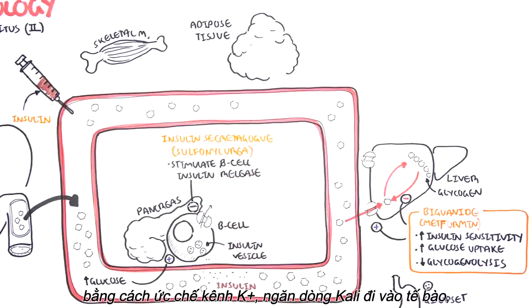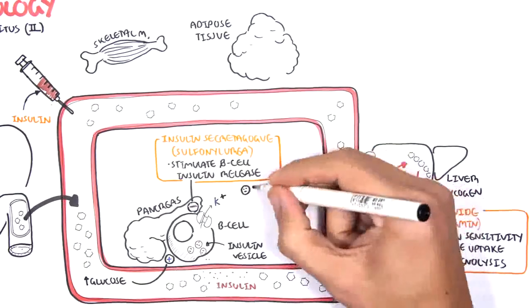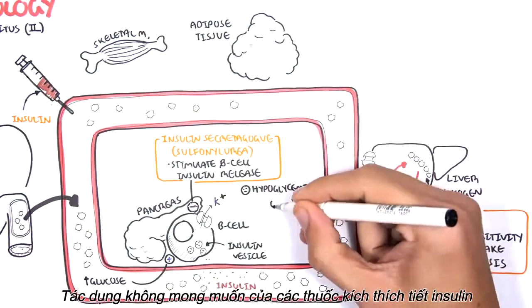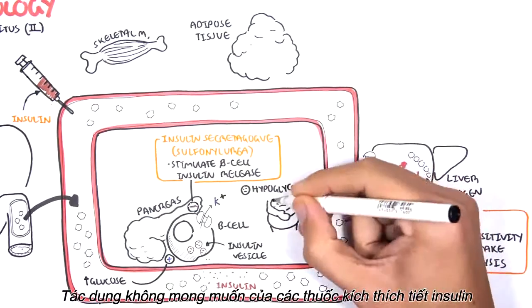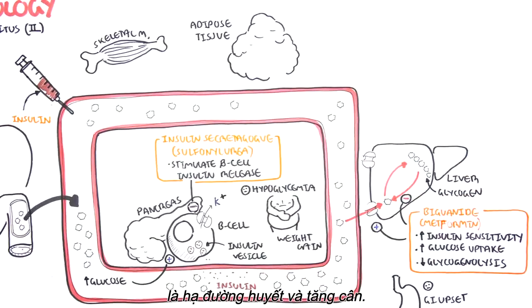Sulfonylurea does this by inhibiting the potassium transporter, preventing the efflux of potassium, causing depolarization of the B cells, which will then lead to the release of insulin from the vesicles. The side effects of insulin secretagogues include hypoglycemia and weight gain.